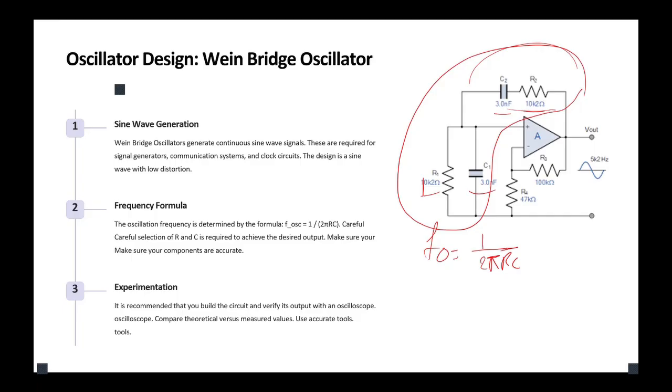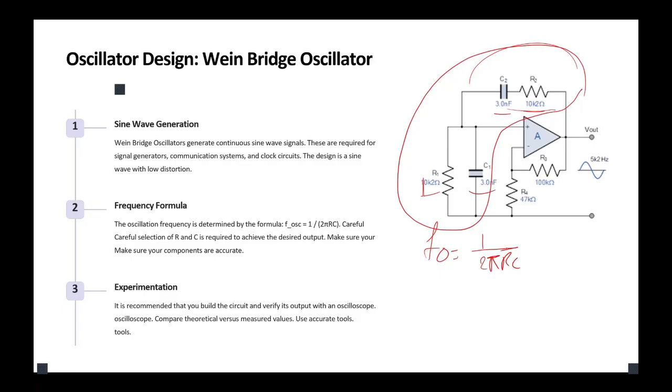At one specific frequency, these phase shifts cancel each other out, giving a total phase shift of 0. If the gain around the loop is exactly right, the op-amp sustains a clean sine wave forever. So basically, the circuit is delicately balanced, just enough gain and just the right timing to maintain the continuous oscillation.